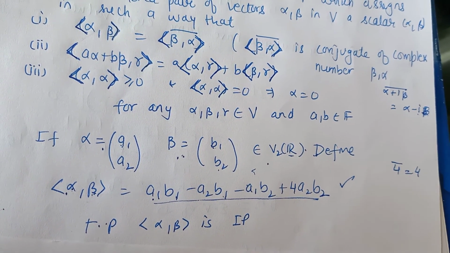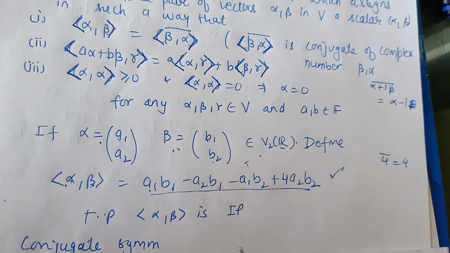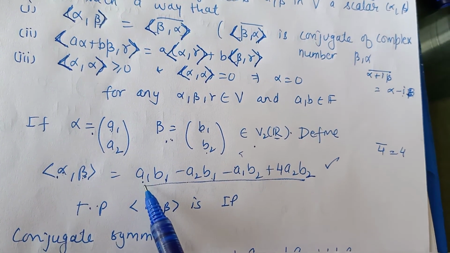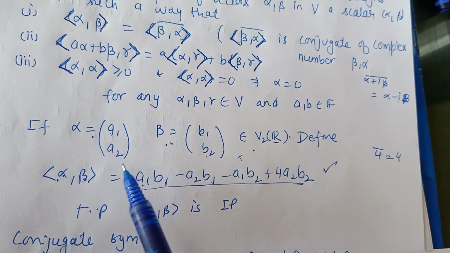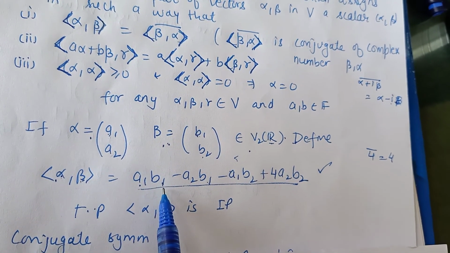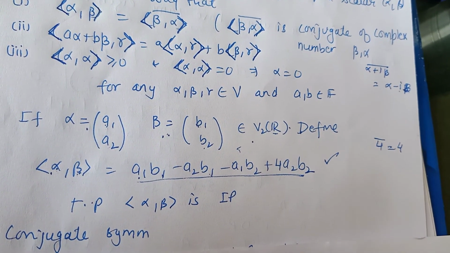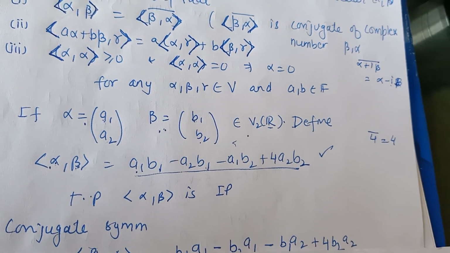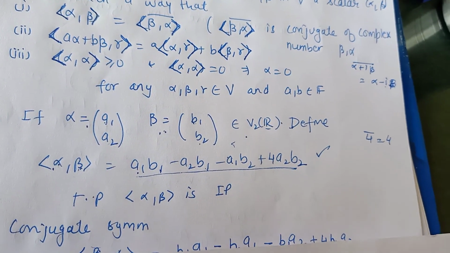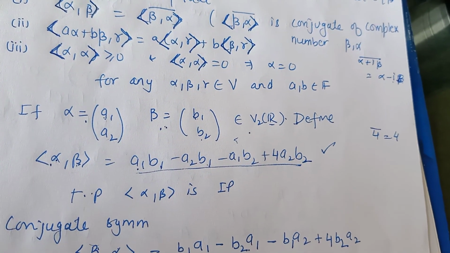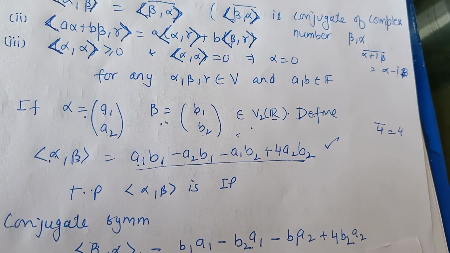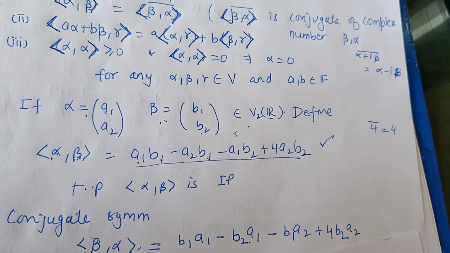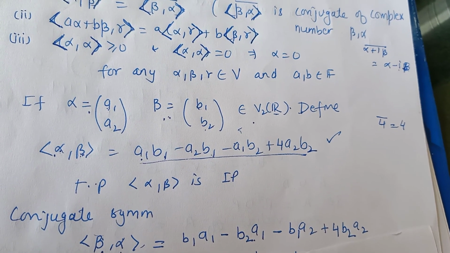This is what we have proved. Every time, you will be given how you define this function. This will be given to you. You have to check these three properties, whether they are holding. If all three properties hold, then we say that it is an inner product space. If any of these properties is violated, then that space will not be an inner product space.